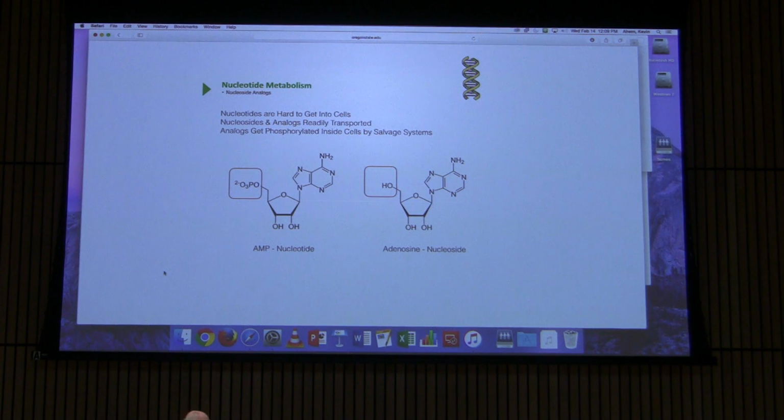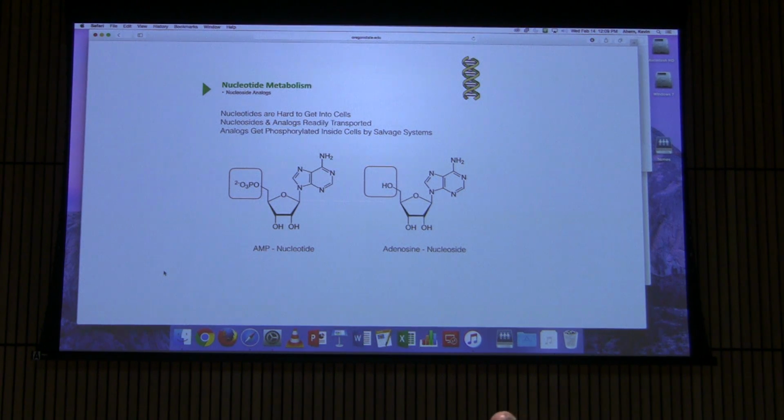Okay? But before I talk about the design, I've got to talk about a consideration of getting drugs into cells. Because if you think about it, we have to get these compounds across a lipid bilayer if we want them to, for example, in the case of a cancer cell, get into the cell to do something. And so that's not a trivial thing.